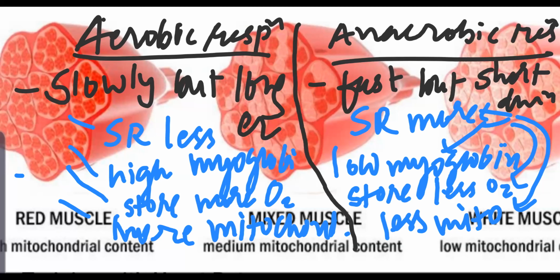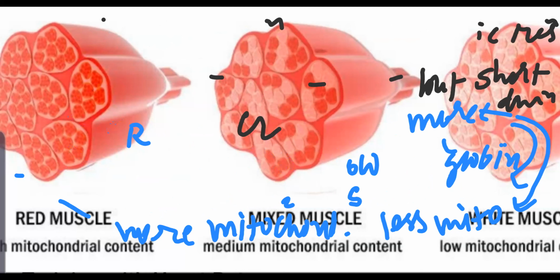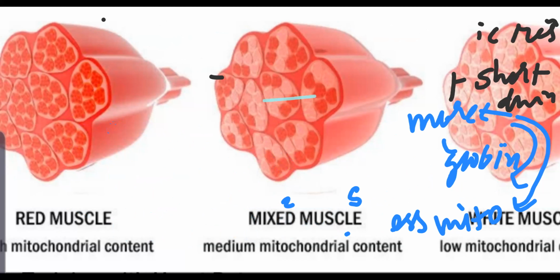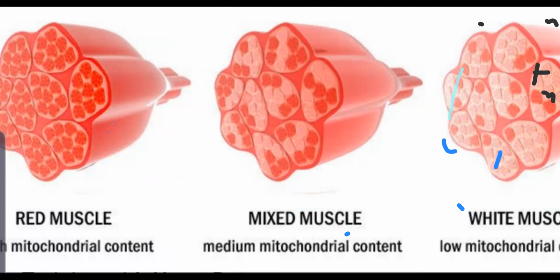The athlete's trainer advises particular food and particular exercise. For example, if someone prepares for a marathon, more and more red muscles should be developed in his or her legs so that he or she can run for a longer duration with slow contraction.